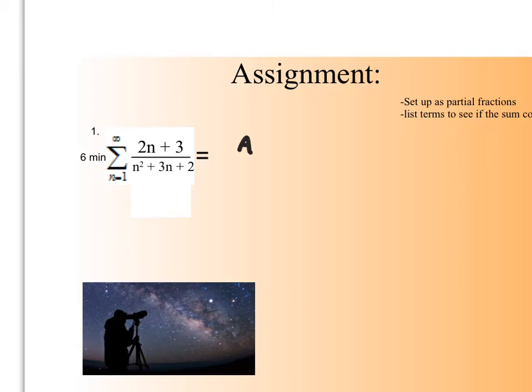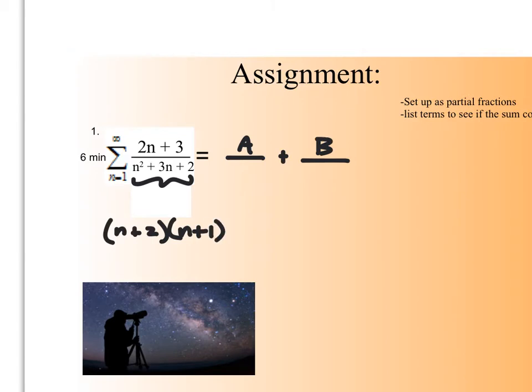We're going to write this as a over something plus b over something. So how would I come up with those somethings? Well, I'd factor this. So that'd be n plus 2, n plus 1. So that'd be a over n plus 2 plus b over n plus 1. I'm going to use method 2 now.